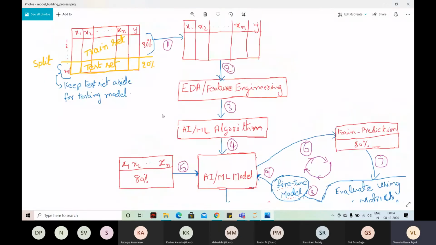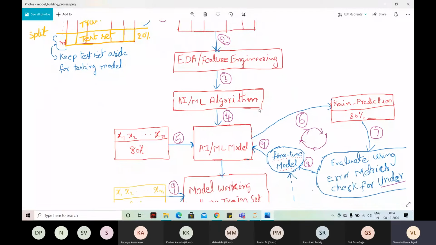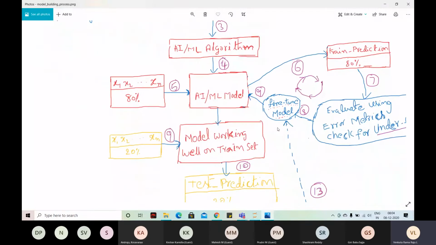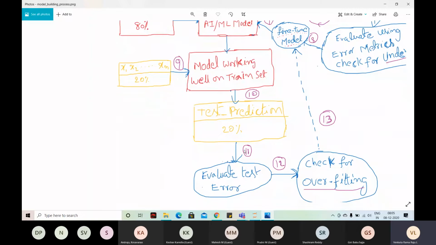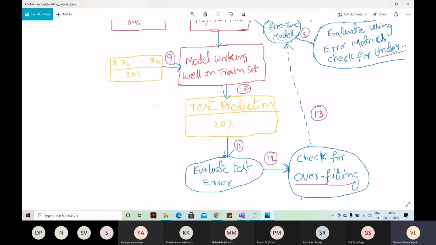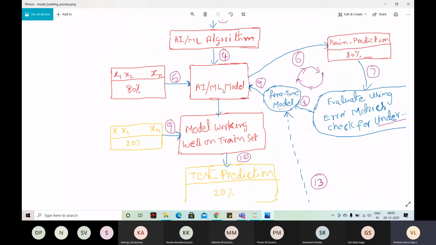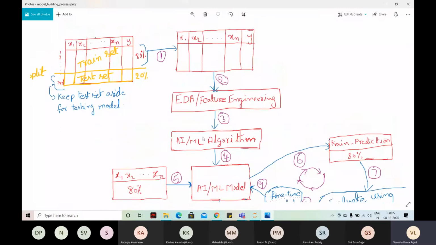Then you need to do something about feature engineering or data collection, and we'll analyze what you should be doing. And if the model is working well on the train set, you pass your test set and see how it's working. If it is working well, then your model is good. If it's not working well, it is overfitted. To reduce overfitting, what you need to do, we'll also see.